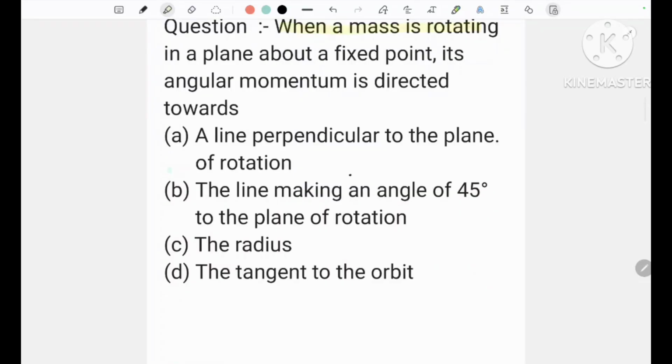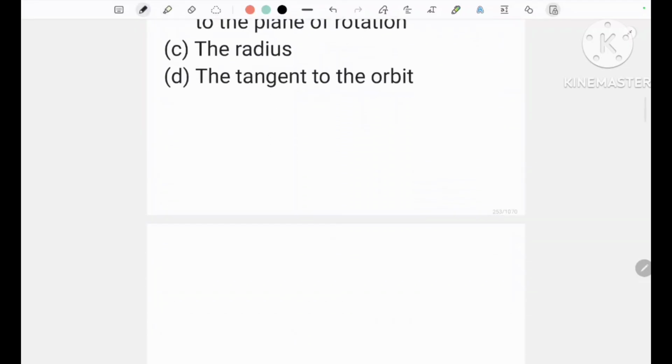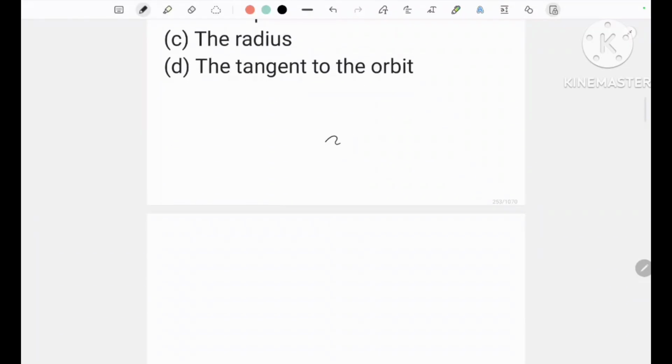When a mass is rotating in a plane about a fixed point, its angular momentum is directed towards a fixed point.